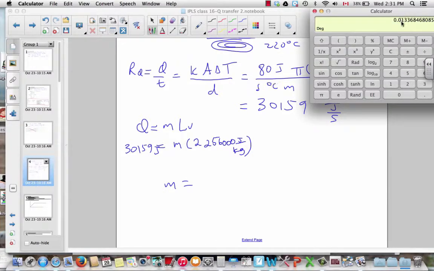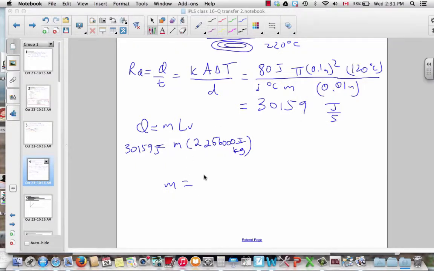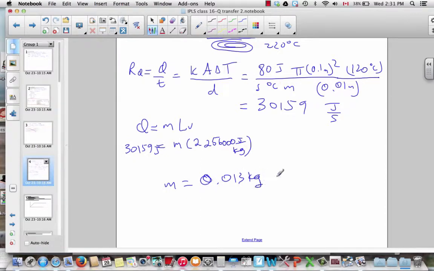So it's 0.013, or 13.3 grams per second. And so that's the amount of steam that we're producing. We know there's 30,000 joules going into the pot each second, so that tells us that 13 grams of steam are being produced.